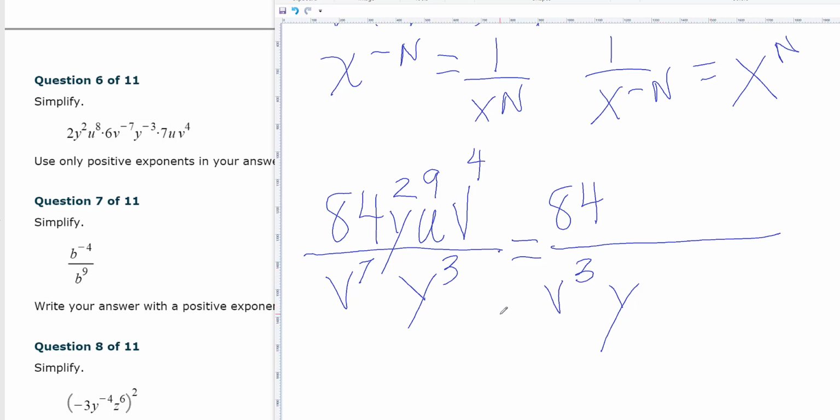Now I have nothing I can reduce the u with, so u to the 9th is going to stay in the numerator. So I left my 84 there, my y squared reduced with my y cubed, my v4 reduced with my v to the 7th, and then u to the 9th came over. So my final answer is 84 u to the 9th divided by v to the 3rd y.